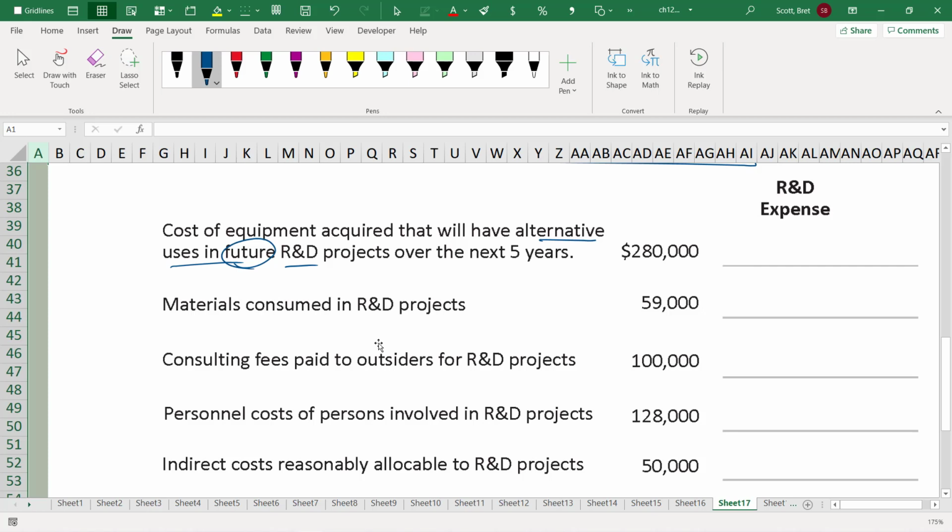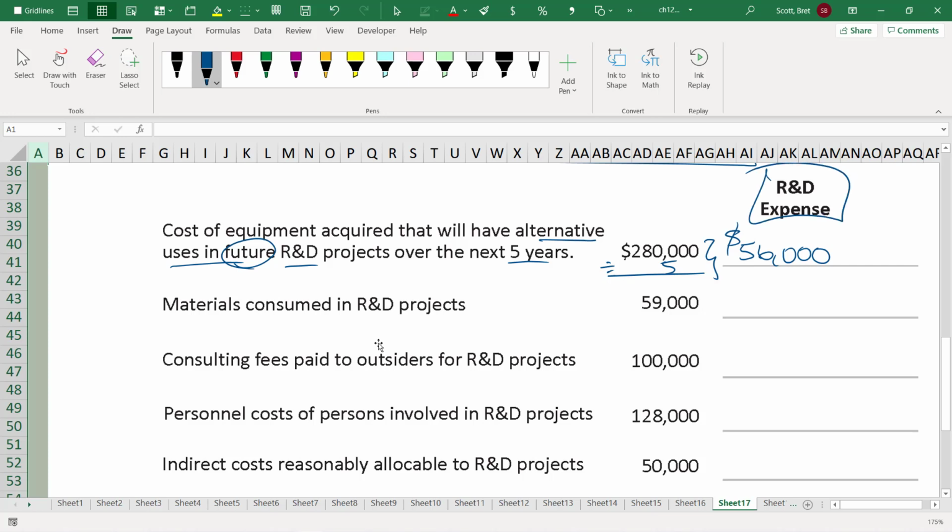If it's repurposable, has a 5-year life, it's essentially equipment, and what we're going to do is take that 208,000 divided by 5 years, and yes, ordinarily that would be depreciation expense, but in this case it's specifically for research and development. So every year we will expense $56,000, not as depreciation, but as R&D.